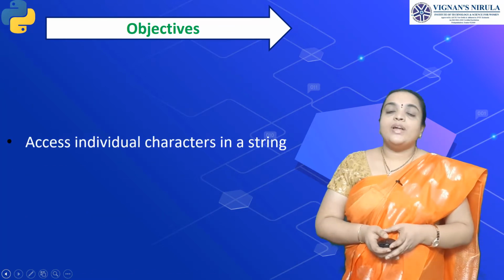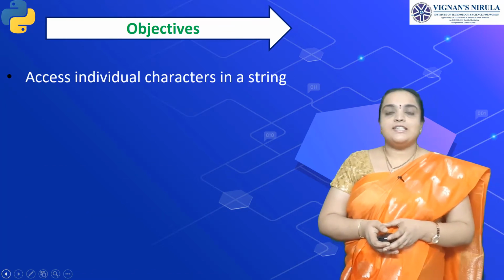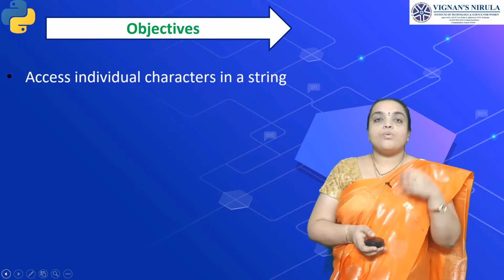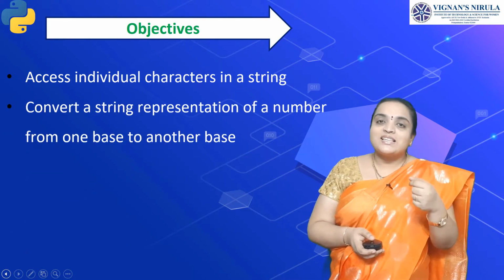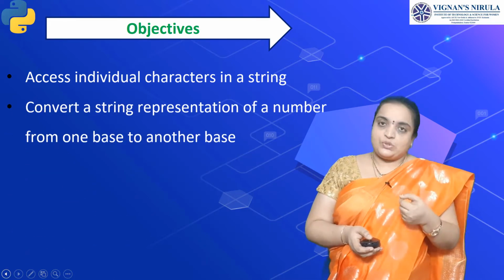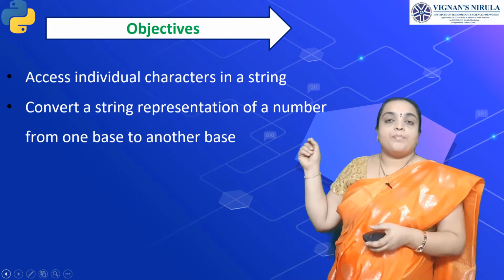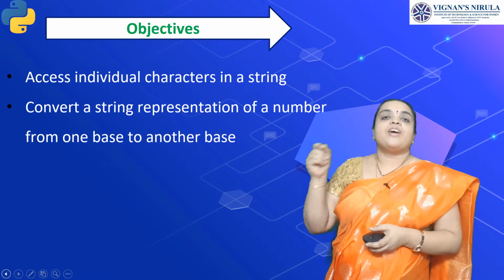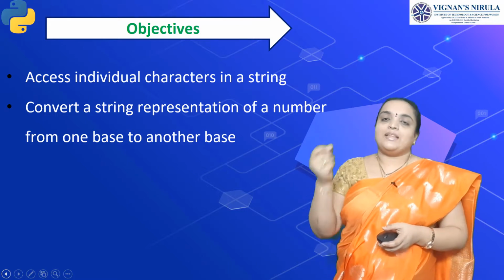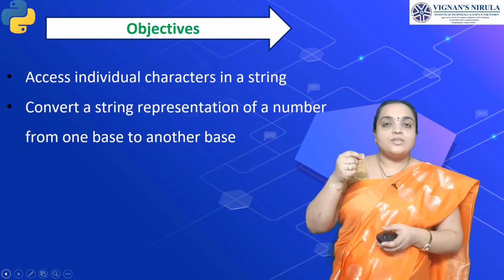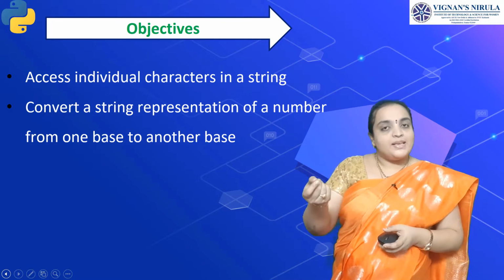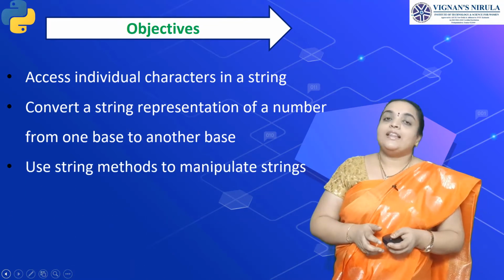So what is today's objective of learning this lecture, students? The objective is to access individual characters in a string, and also to convert a string representation of a number from one base to another base. That is nothing but base 2 is converted into base 10. Clear, students?